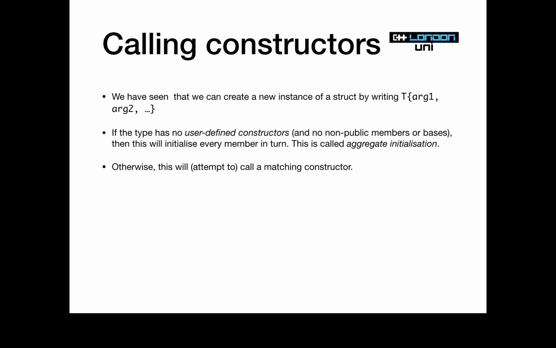So using this form, with T being the type we're initializing, in this example point, and we use the curly braces: if it's an aggregate, that's just going to initialize your members in order. Otherwise, if it's not an aggregate, if it's got a constructor, it will try to call a matching constructor.